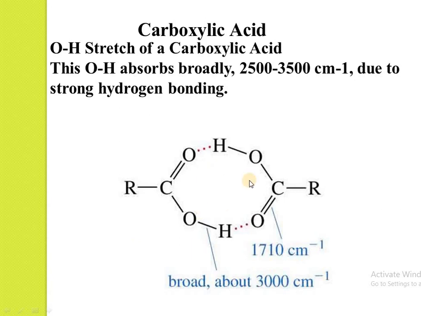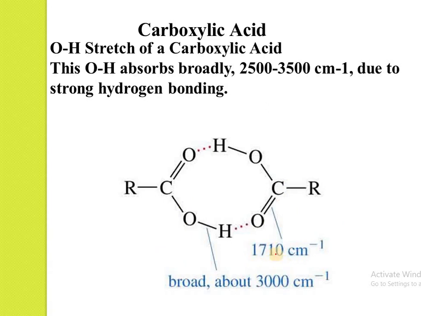In a similar way, in carboxylic acids, in which the carbonyl group is present and the OH group is also present, due to the C double bond O we have a sharp signal around 1710 centimeter inverse.